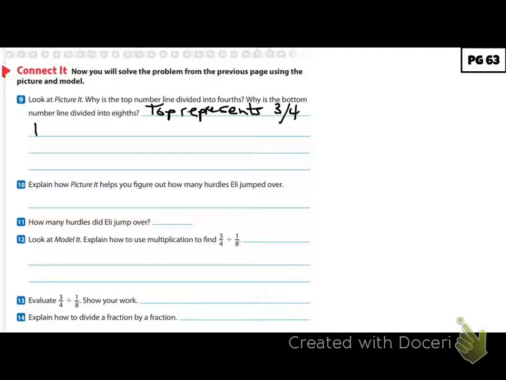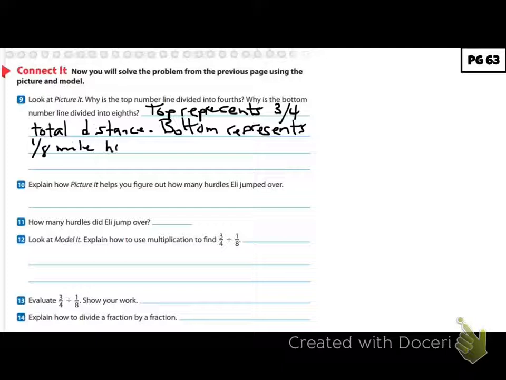I don't know why this pen is not writing. Okay, the bottom represents the hurdles he jumped every 1/8 of a mile. 1/8 mile hurdles.